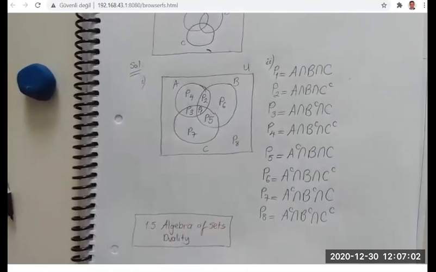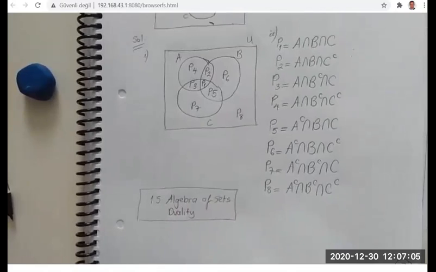We totally completed 7 pages, and we have already passed, I think, half of chapter 1. Next week I'm planning to finish chapter 1. Then I will start relations as chapter 2, because relations are really important. Functions and algorithms are also really important.